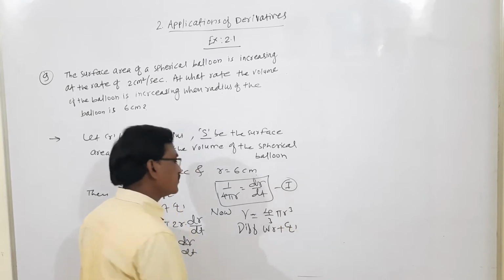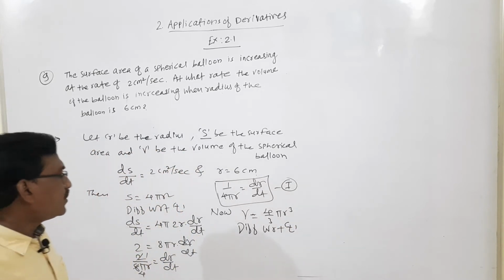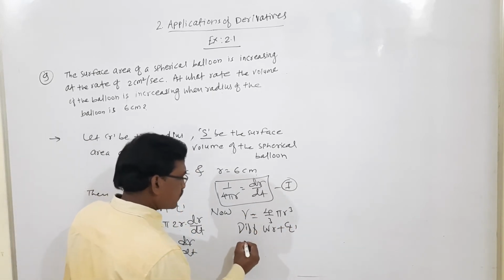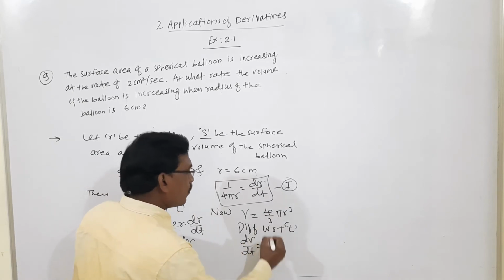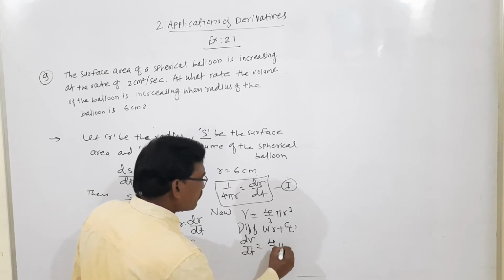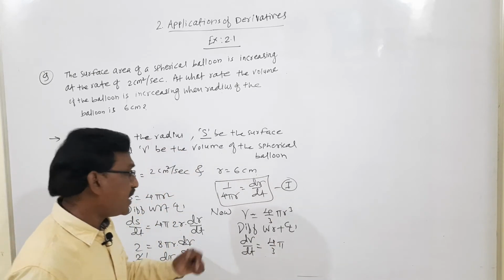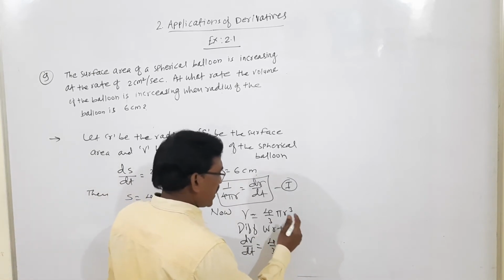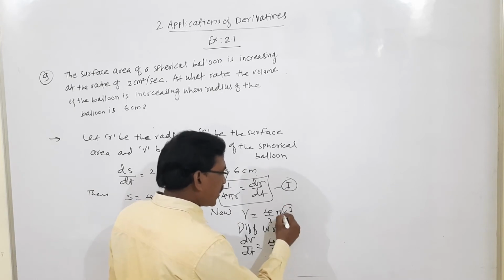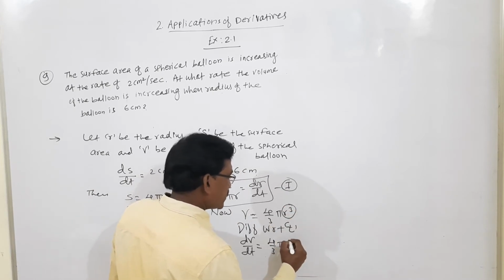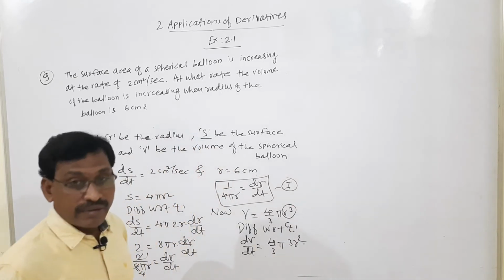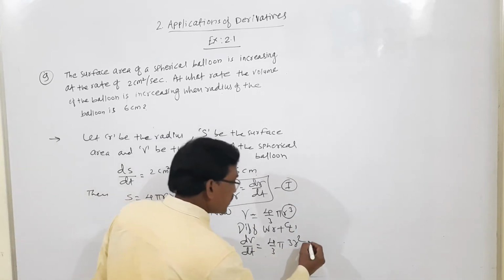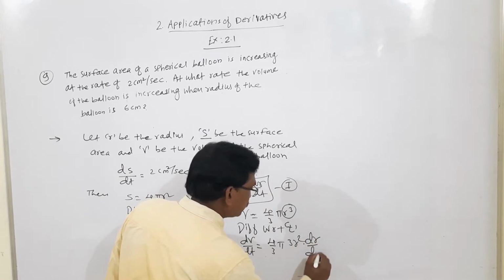So dV by dt is equal to 4 by 3 pi, which are constants, times the derivative of r cube, which is 3 r square, and by chain rule dr by dt.